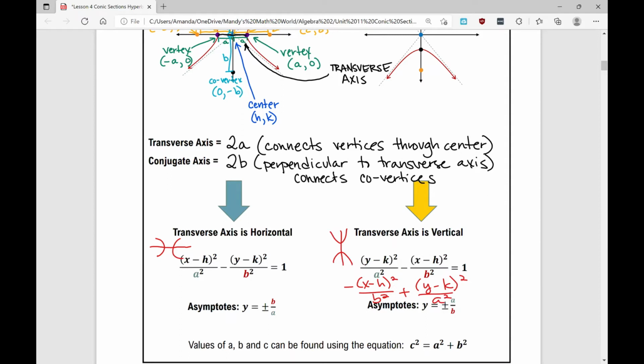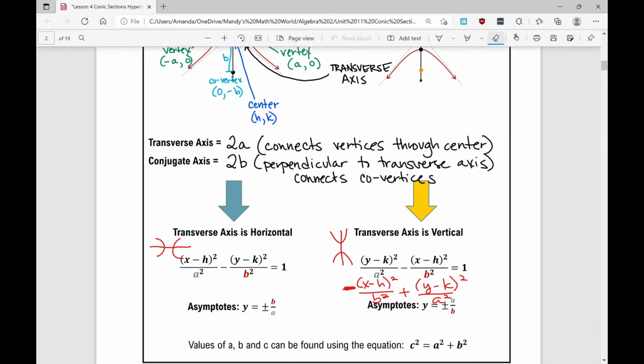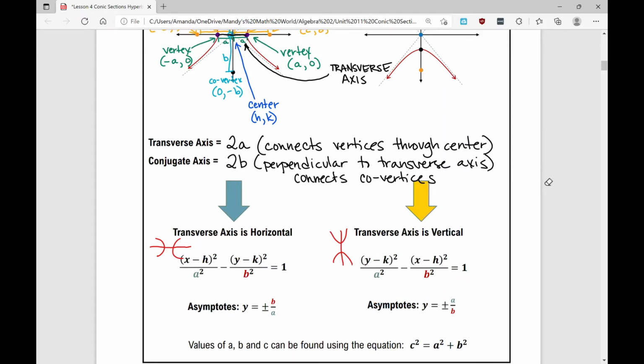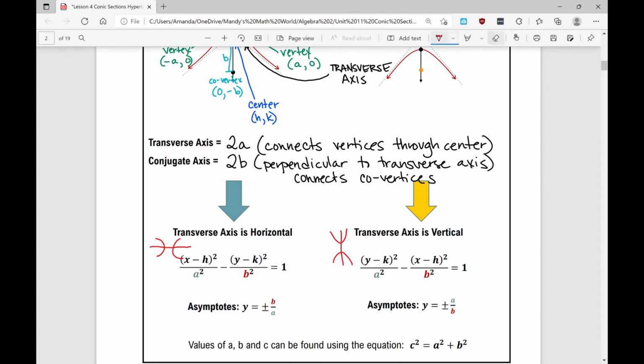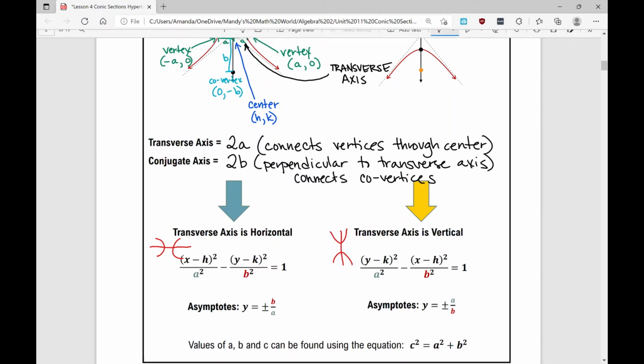And some students look at that and go, oh, it's plus, it's an ellipse. Well, really, only one of the rational expressions has to be negative. So just be careful how it's written, okay? It's not a positive term plus a positive. It's a negative plus a positive, right? Just keep in mind that they can be written slightly differently.